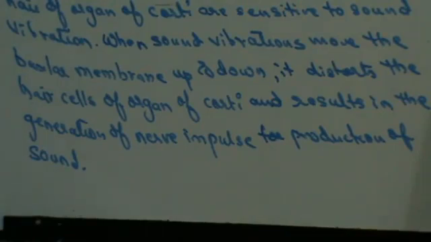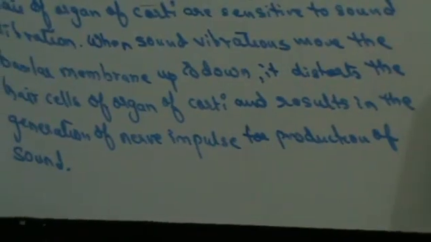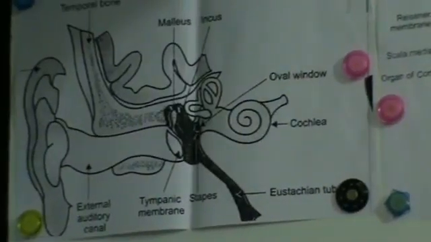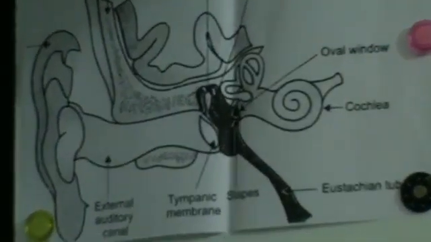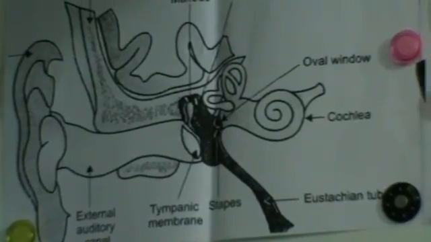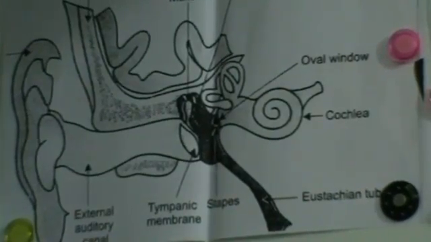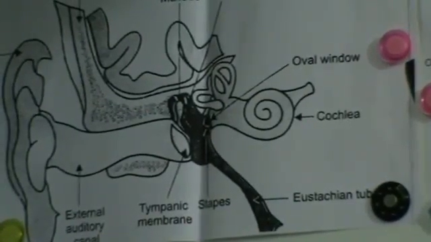So you would have from the pinna to the auditory canal, from the auditory canal to the tympanic membrane, from the tympanic membrane to the 3 ear ossicles, and from the 3 ear ossicles to the fenestra vestibule.